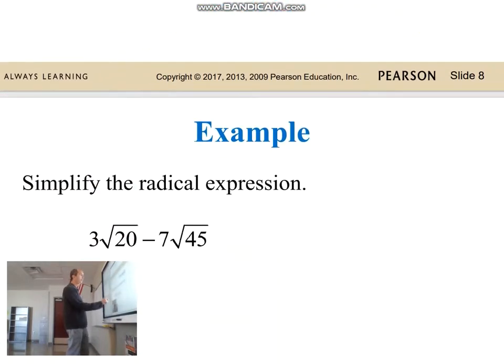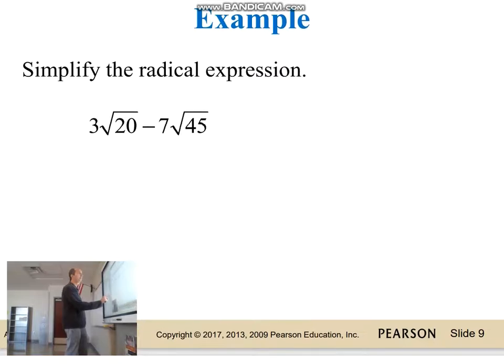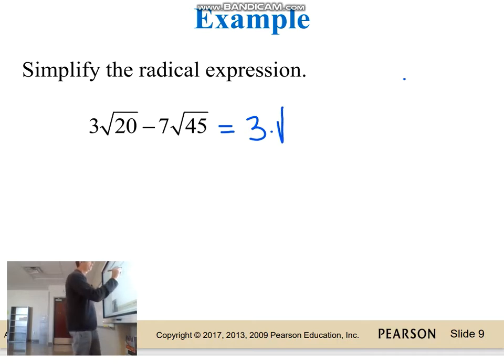Now, moving to another example, try to simplify this radical expression. We have 3 times the square root of 20 minus 7 times the square root of 45. Again, we can break it into 3 times the square root of 4 times the square root of 5, right?